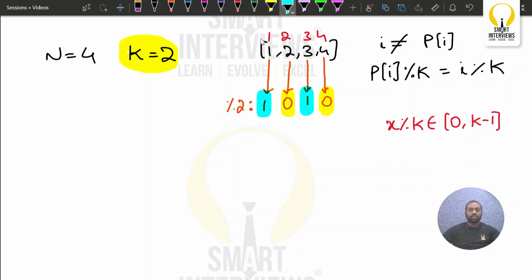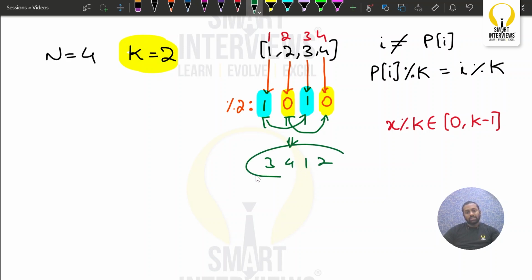1 and 3 are the same with k, which means I can perform a swap operation on these. By performing the swap, what do I get? 3, 4, 1, 2. Does this obey the first condition? Absolutely yes. Does this obey the second condition?